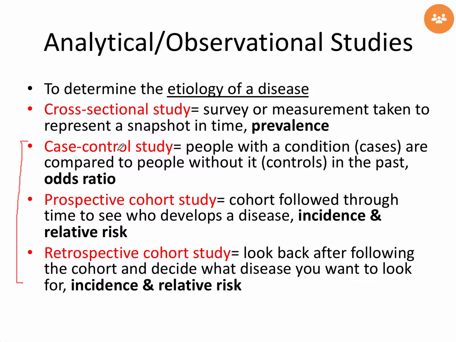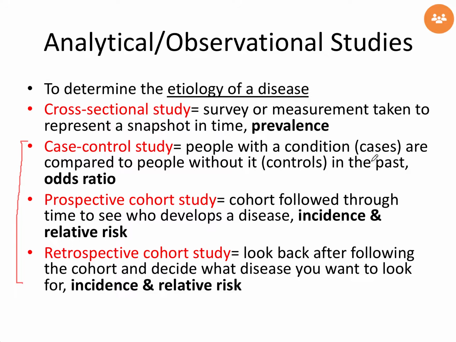So the case control study involves people with a condition, which are called the cases, and they're compared to people without that condition, which are called the controls, hence the name case control. Now, this is done in the past. So this is a retrospective study design, where the follow-up period I just talked about has actually already been completed.